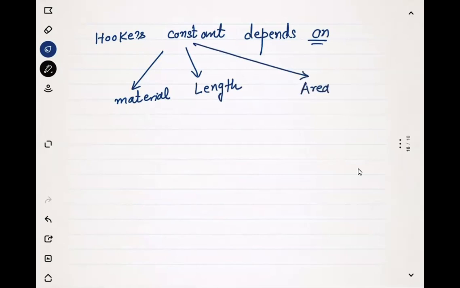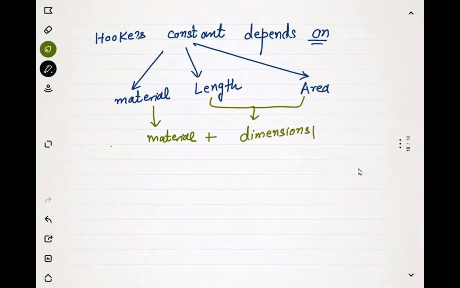In more accurate words, it depends on the material and dimensions. This is Hooke's constant.